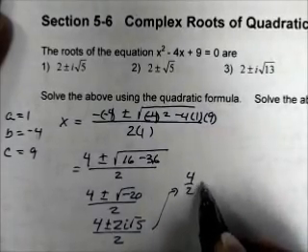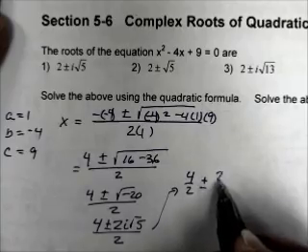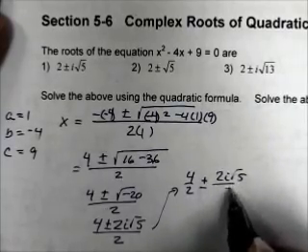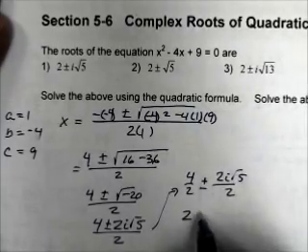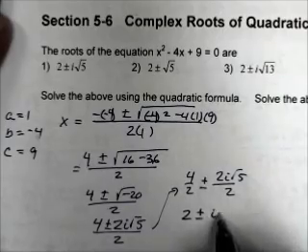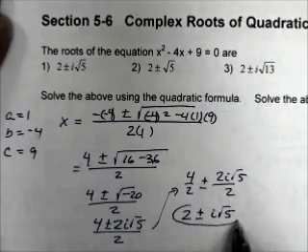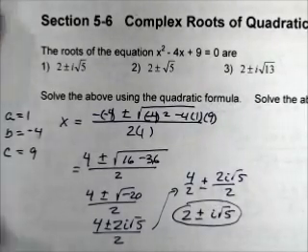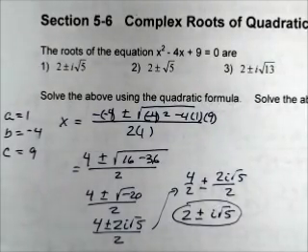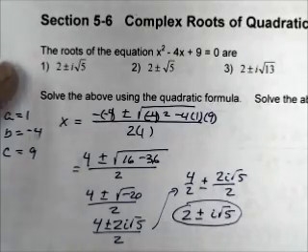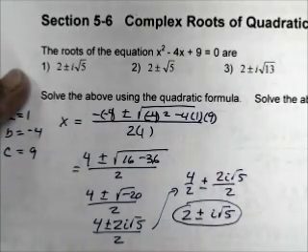So 4 divided by 2 plus or minus 2i square root of 5 divided by 2. That's 2 plus or minus i square root of 5. So our roots are imaginary or complex. So that would have been option 1.